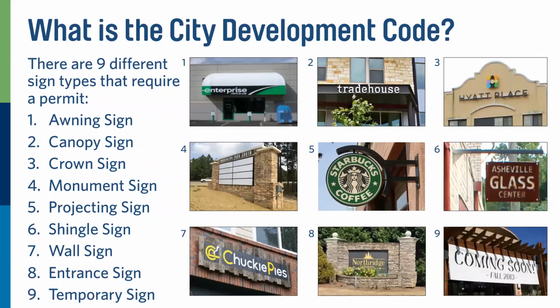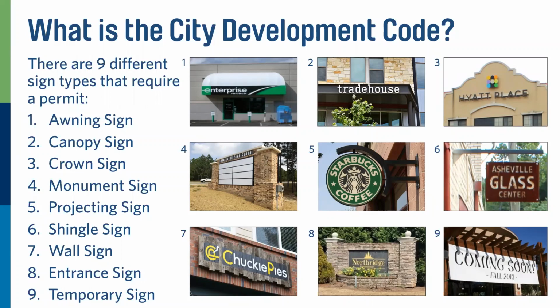There are basically 9 different types of signs that we have: awning signs, canopy signs, crown signs, monument signs, projection signs, and so on and so forth. Just to be real clear about it, let's put the numbers with the pictures. An awning sign is literally just that, a sign on an awning. A canopy sign is a fixed canopy, and you put the letters on top of that.